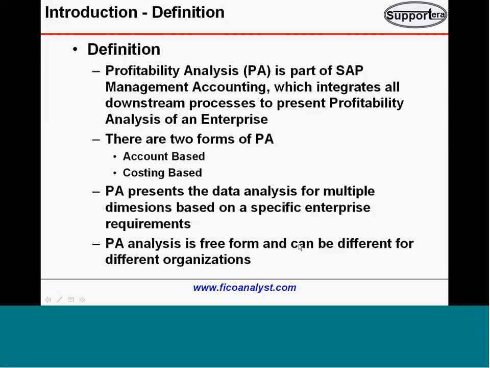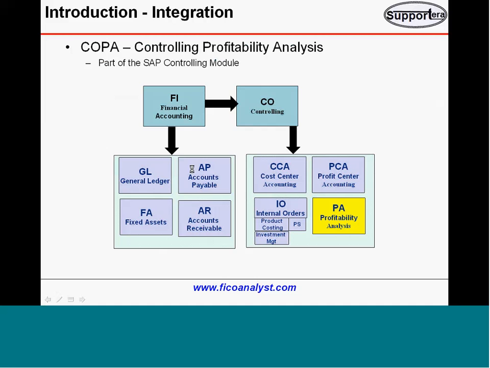This is more of the theoretical base. I'm trying to build it up, and then you will slowly understand how to go about it. In a very simple form, at a high level, financial accounting contains general ledger, accounts payable, accounts receivable, and fixed assets. This is what we call the financial perspective, and these are deeply integrated with other modules.